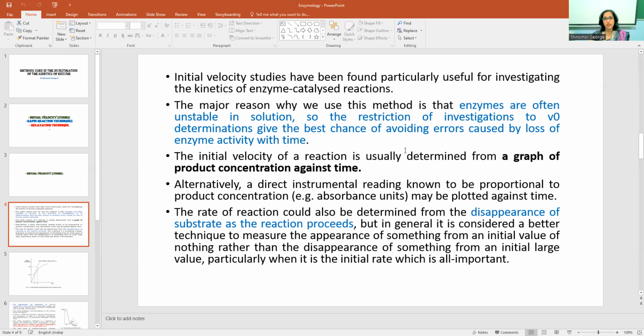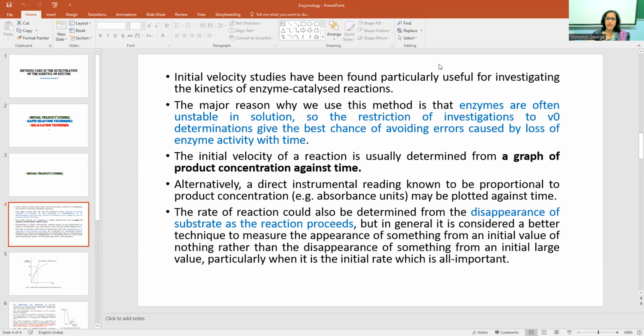Okay, the initial velocity of the reaction is usually determined from a graph of product concentration against time, or can be directly an instrumental reading which is known to be proportional to the product concentration. For example, absorbance units using a spectrophotometer or spectrofluorimeter or a colorimeter or anything like that.